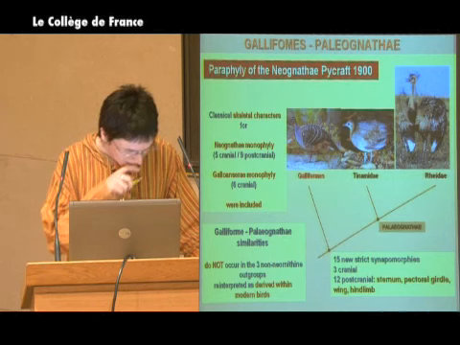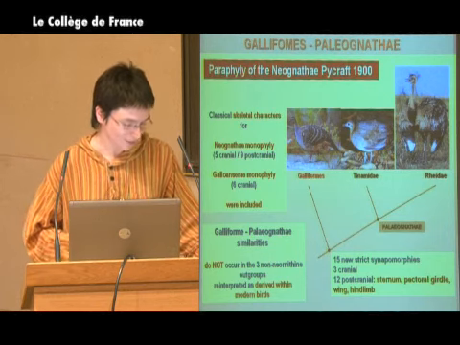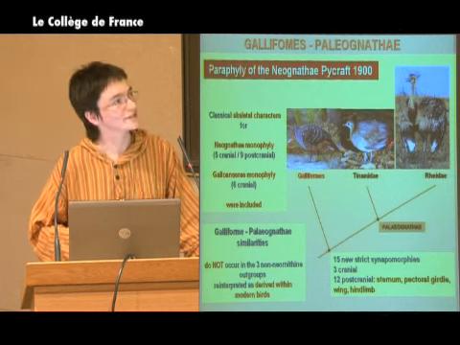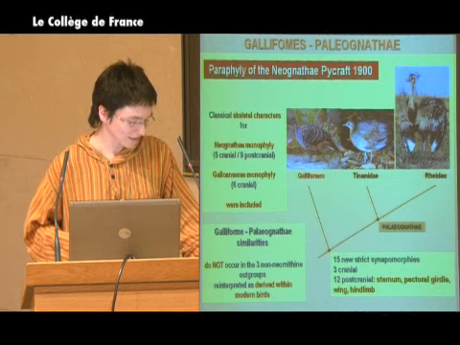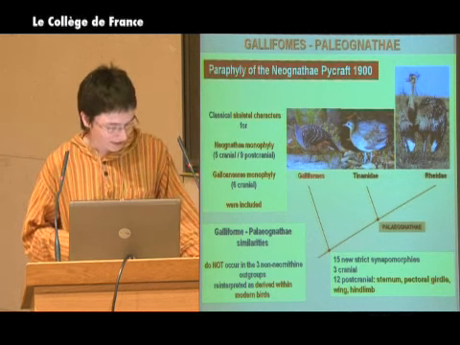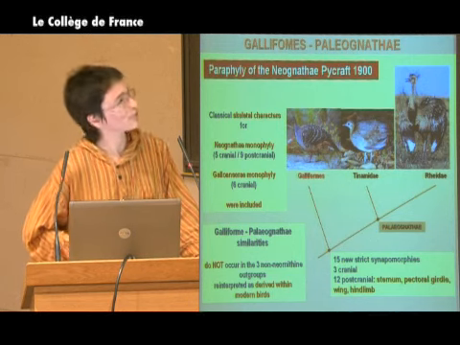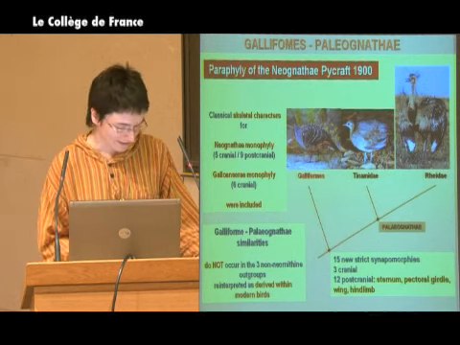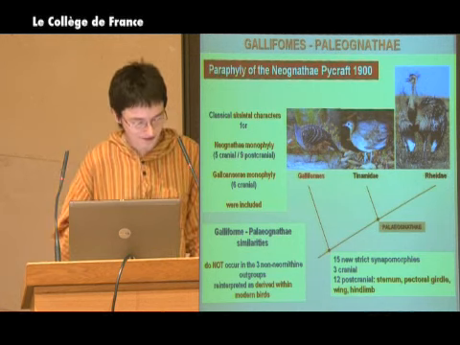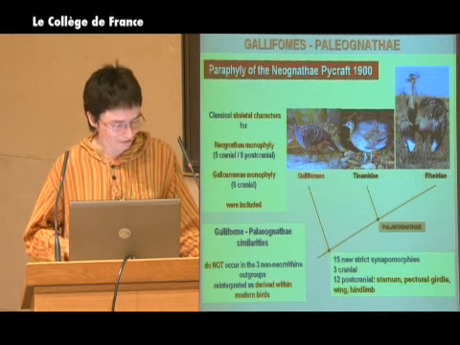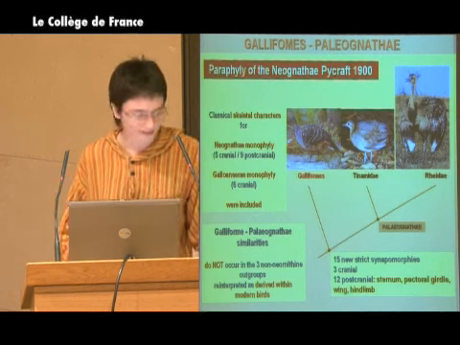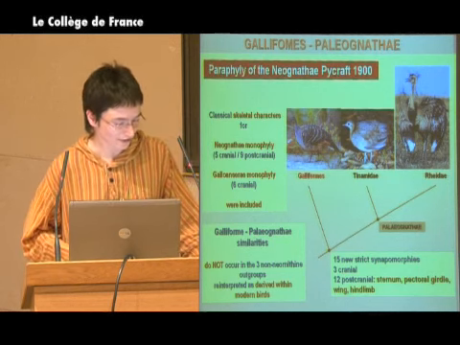Finally, I have found some characters that support a clade comprising galliforms and palaeognaths, including tinamous and rheas. And these results contradict the palaeognath-neognath dichotomy, which had been proposed a long time ago. And it implies that the neognaths are paraphyletic, and that all these divergences within modern birds might not be the currently recognized ones. However, this new clade has to be tested with a larger sampling of taxa and characters.